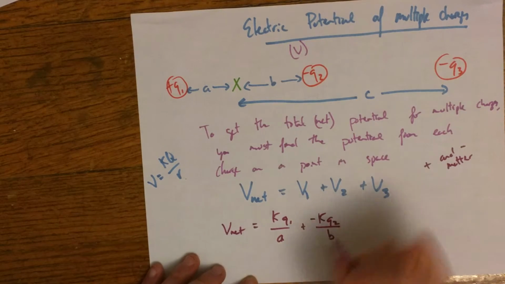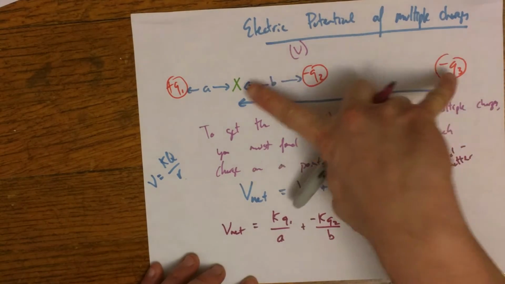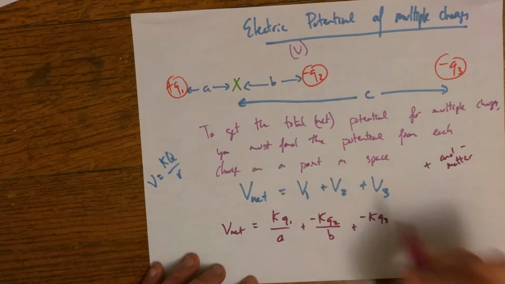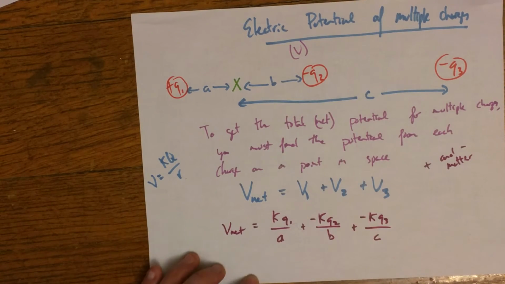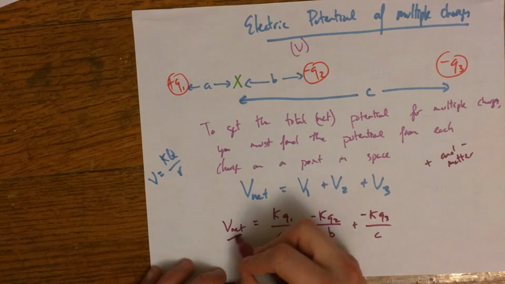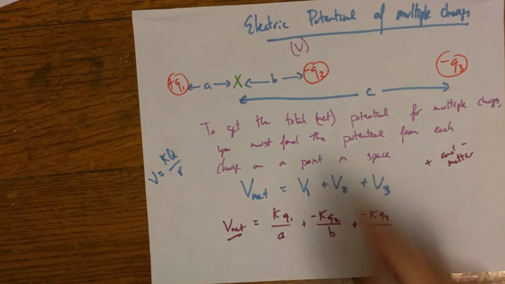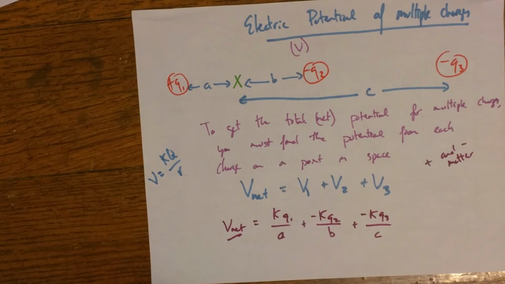The distance there is B. And then plus the voltage from 3, I have K Q3. Oh, that's a negative. Pull the negative out in front. The distance is C. Add up all that, and I get the net voltage on that point in space from the 3 charges. Seems simple enough.